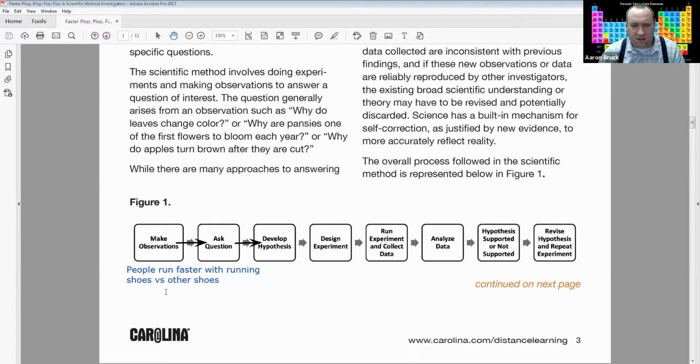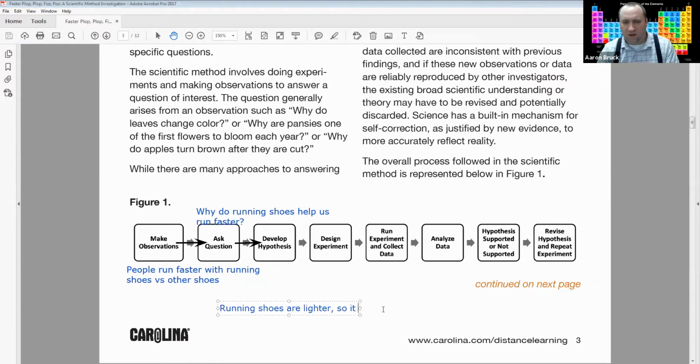Okay, observation. That leads us to the question, why do running shoes help us run faster? We can develop a hypothesis. Running shoes are lighter, so it is easier to run in them.